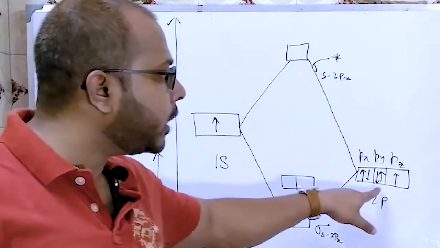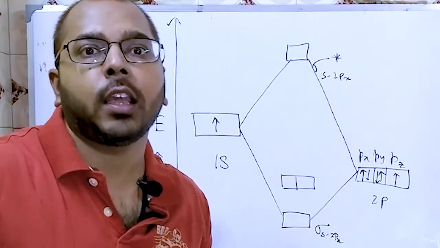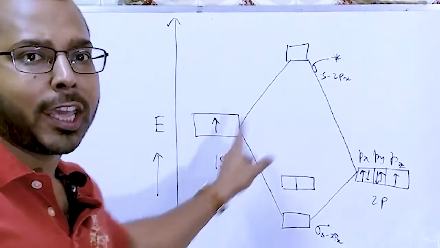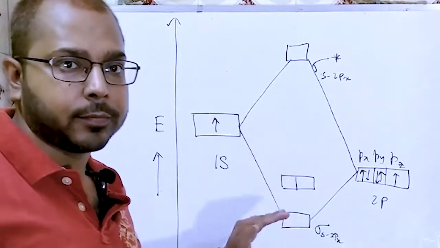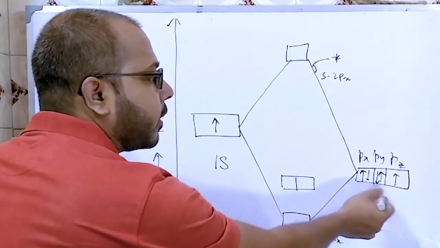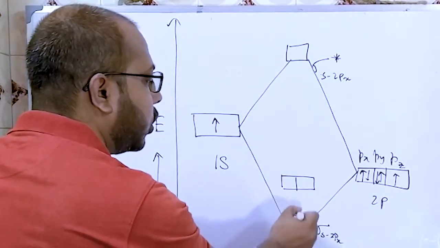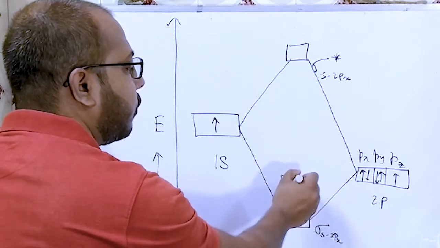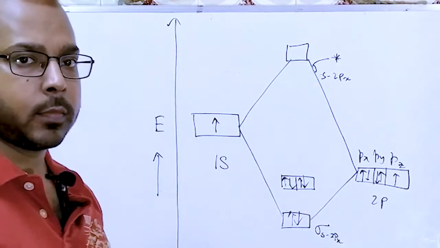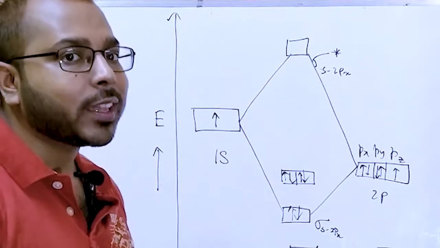That is why py and pz remain as non-bonding, and no other orbital or electron is left for bonding. Got it? So now this 5 and this 1, total electrons is 6. Put them here: 1, 2, 3, 4, 5, 6. Got my point?